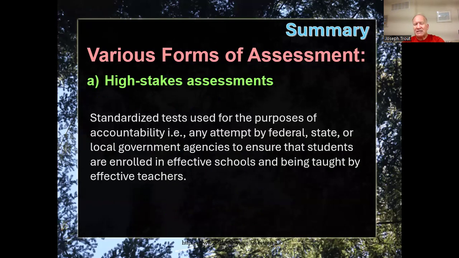So for the high stakes assessments, we said these are usually standardized tests used for the purpose of accountability, where some federal or state or local government agency wants to ensure that the students are enrolled in effective schools and being taught by effective teachers.